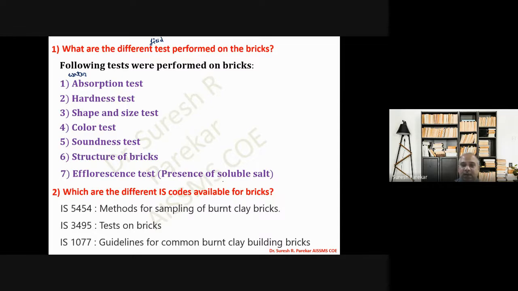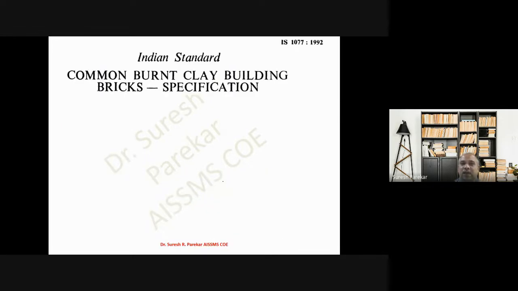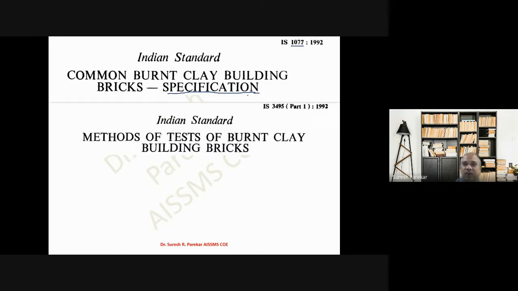You can see this, 1077 shows common burnt clay building bricks, and specifications are given, the sizes and colors and all this, in IS 1077 1992. 3495, this is the method of test.